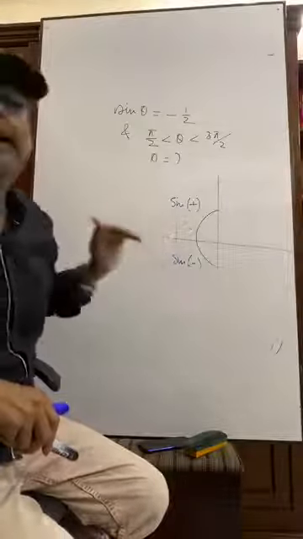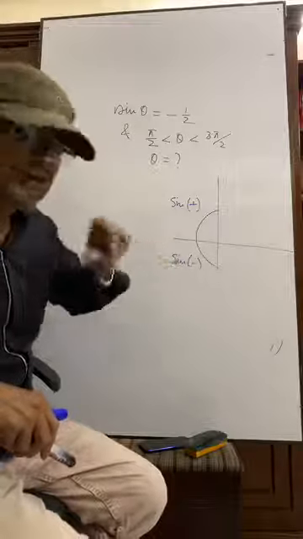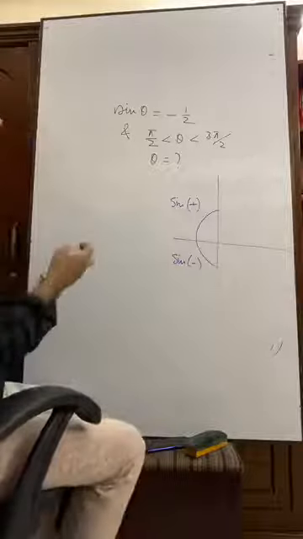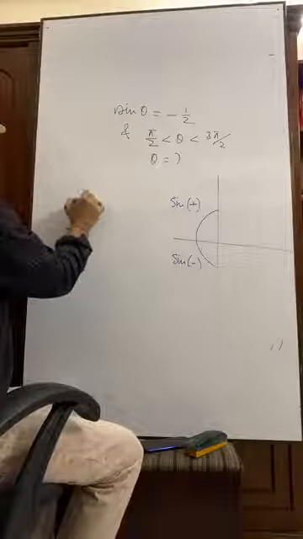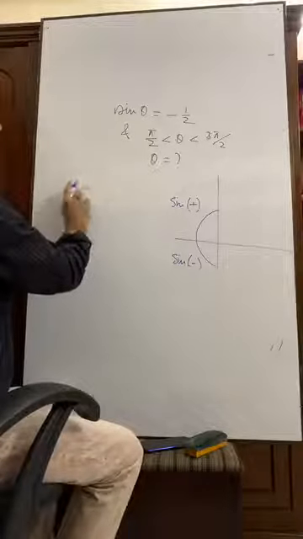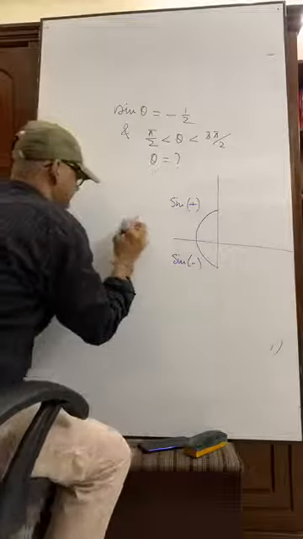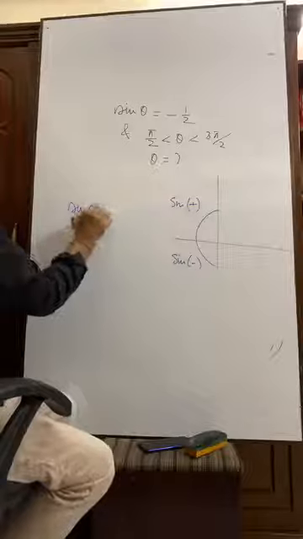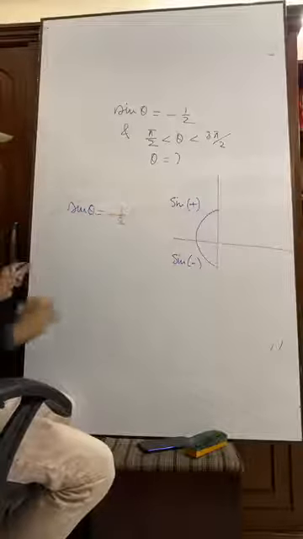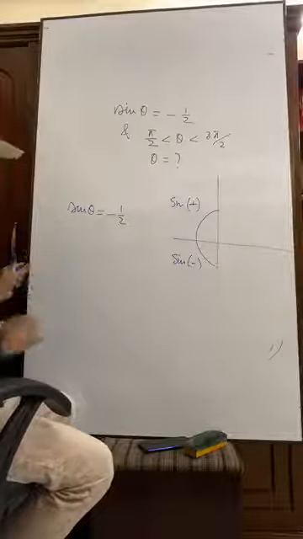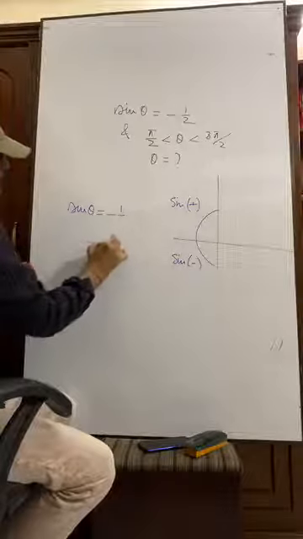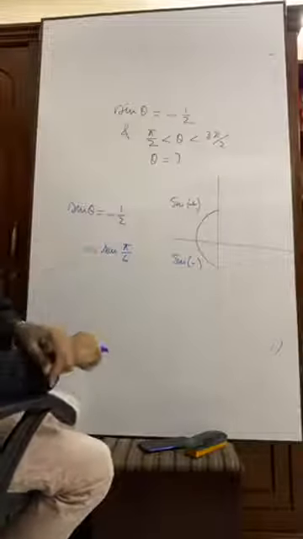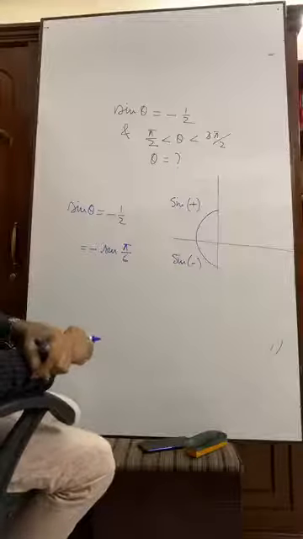Our angle lies in the third quadrant. Okay. So we can write like this. Sin theta here, sin theta equals to minus half, that is minus sin pi by 6. Pi by 6 means what? 30 degree. So sin 30 degree half.